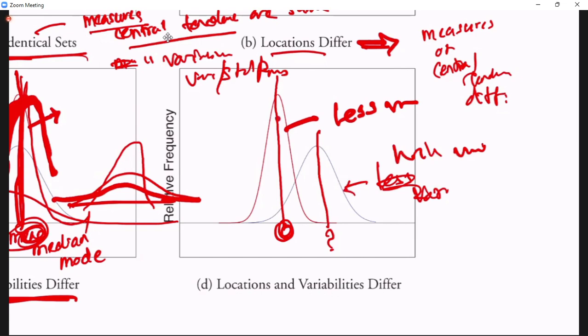If we can get this type of curve for any distribution, that distribution is better for statistical analysis. So in this fourth diagram, you can see that both locations and variabilities are different.